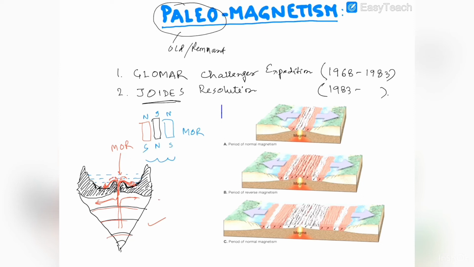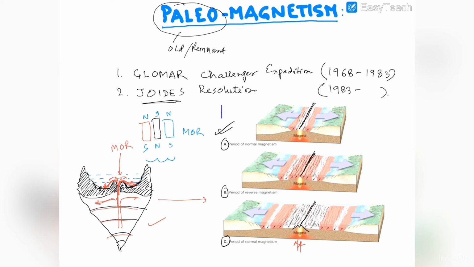Now with this explanation, if you look at this picture, you will understand it better. See, it is the magma which is coming up and this portion is the mid-oceanic ridge. Keep this in mind. And this is our picture A, this is B, this is C. So we will start from here.